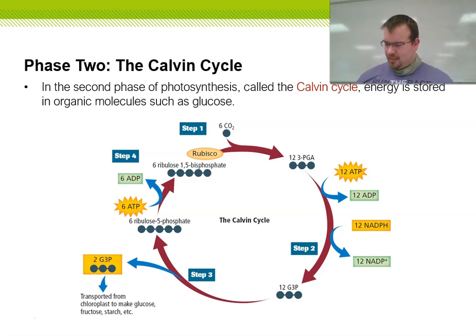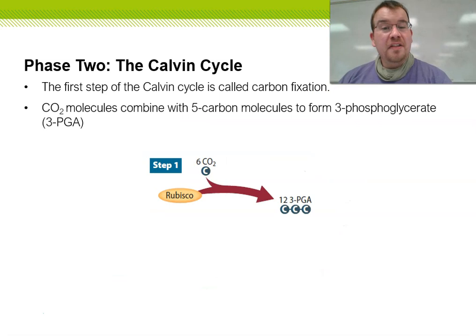The first step of the Calvin cycle is called carbon fixation. So what will happen here is we'll take CO2 molecules and they'll combine with 5 carbon molecules to form 3-PGA, phosphoglycerate.